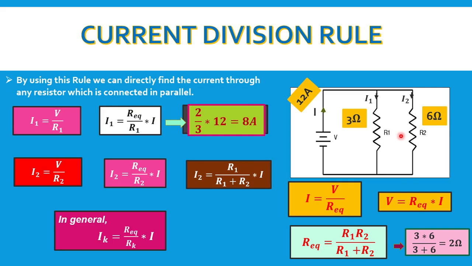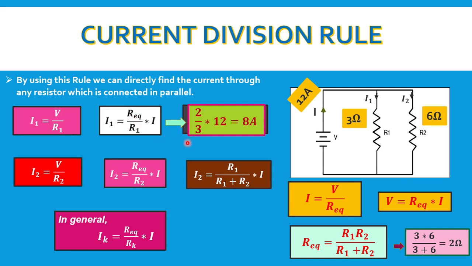So what will be the value of the current I1? I1 is equal to R equivalent by R1 into I. Remember, here is 1 and also here will be 1. If I have to find the current flowing through resistor 1, then the value of resistance R1 will be in the denominator and R equivalent in the numerator.